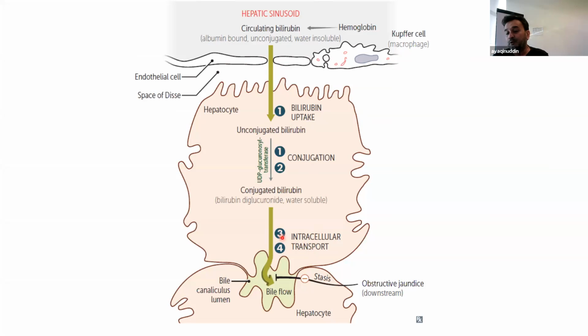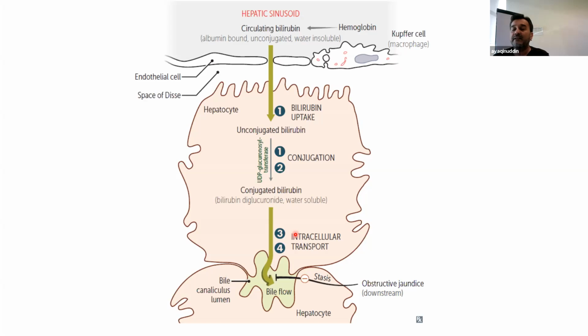While 3 and 4, which is the excretion of the conjugated bilirubin into the bile, will lead to, because conjugated bilirubin is water soluble, so it will not pass the blood-brain barrier, it will not get deposited.